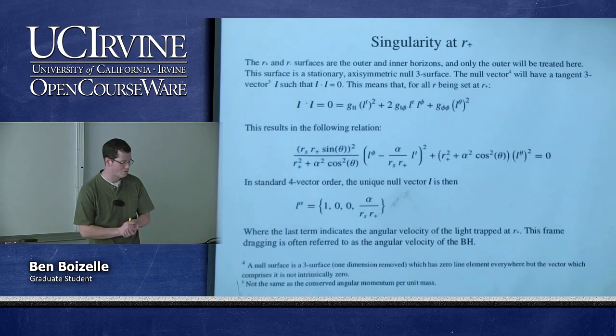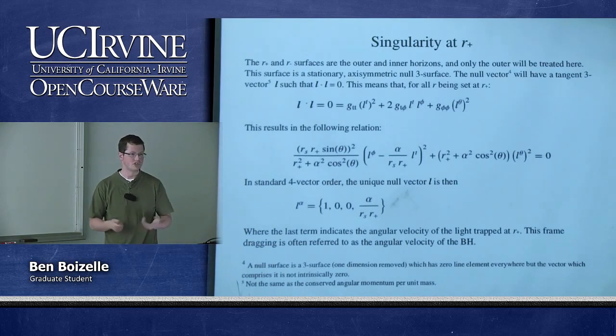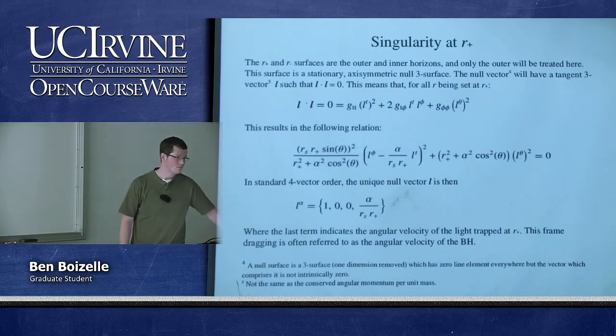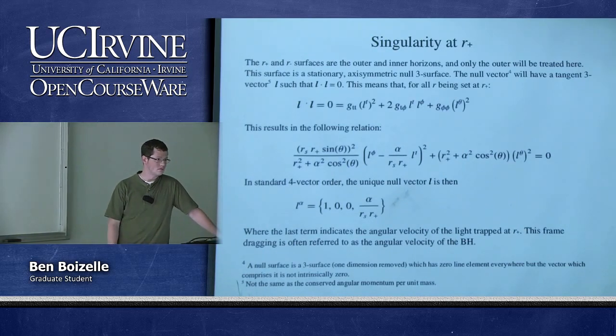The singularity at R plus, I won't be talking about the R minus surface, an inner horizon. It isn't really treated in the Hartle book, and there's other things to talk about. But R minus goes to R equals 0, right? R minus goes to R equals 0 in the Schwarzschild limit. Yeah. Right. Okay.